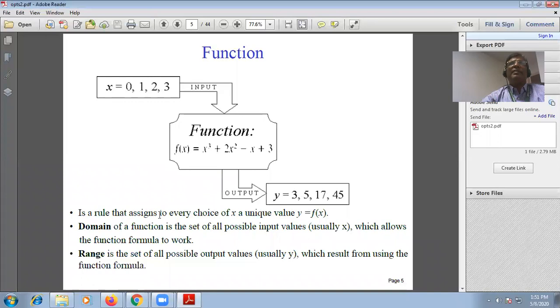Now, is there a rule that assigns to every choice of x a unique value of y is equal to f(x)? Now the question arises that we have taken 4 consecutive values of x that start from 0 to 3, means 4 digits we have. Is there any rule that assigns to every choice of x a unique value?